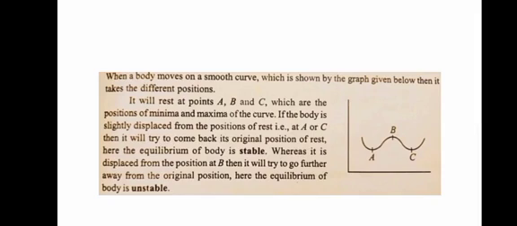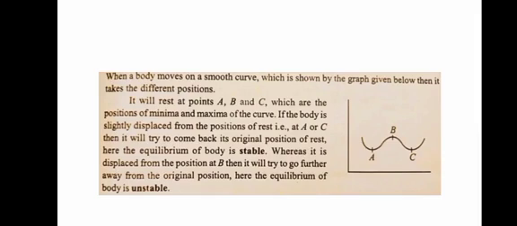Now, in other words, you can understand these cases when a body moves on a smooth curve, which is shown in the graph given below. Then it takes different positions. It will be at rest at points A, B, and C, which are the positions of maxima and minima of the curve.